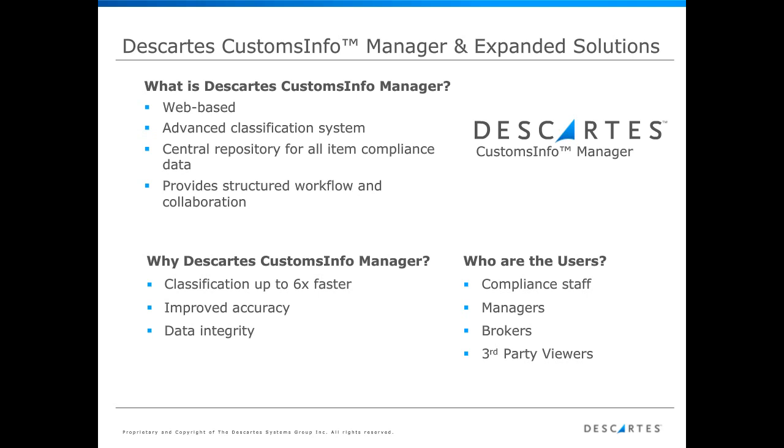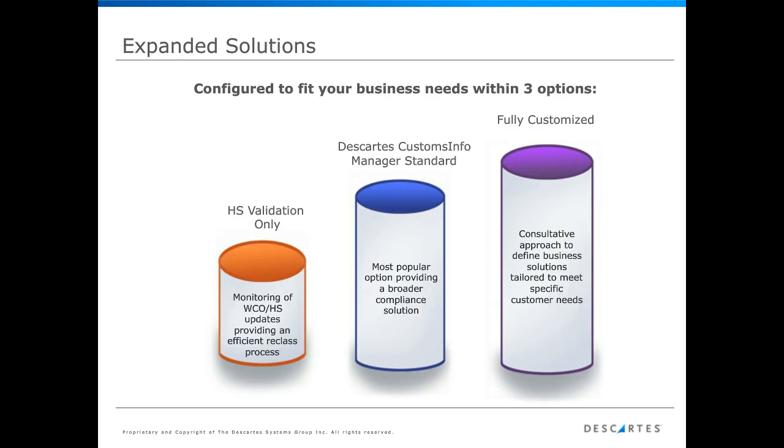But what we found was that didn't necessarily suit everybody, having such a complex product. So what we've looked to do is spin out a couple of extra products linked to the main Customs Info solution. So the main solution, the fully customized option, is still there, available for everybody, and we've continued to invest in that heavily and make further improvements in that process.